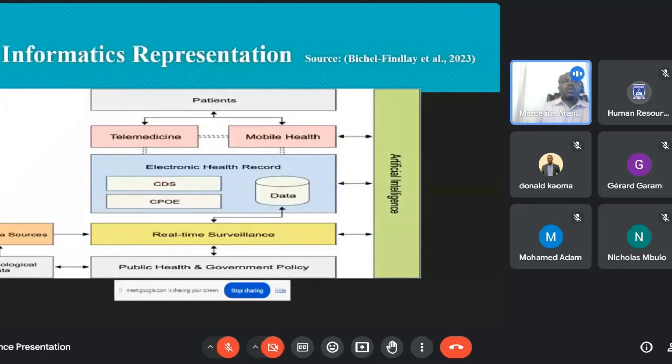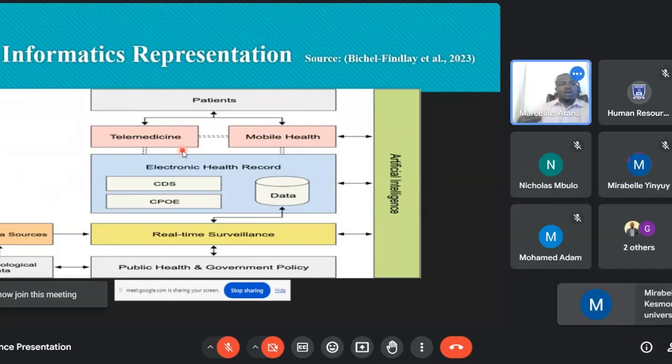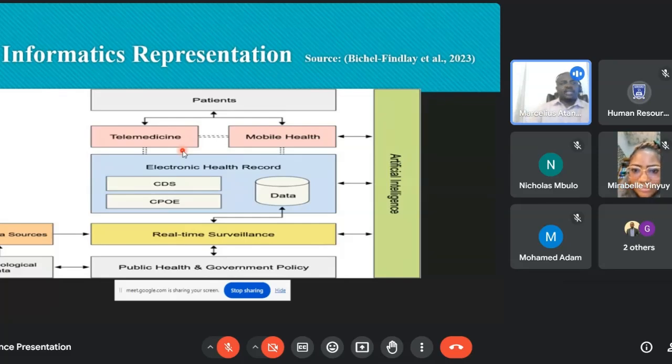We also have what we call telehealth and mobile health. And sometimes we want to ask ourselves, what is mobile health? What is telemedicine or telehealth? With mobile health, you have health management through mobile devices like apps. I think we've seen people hold apps to measure their blood pressure and stuff like that.